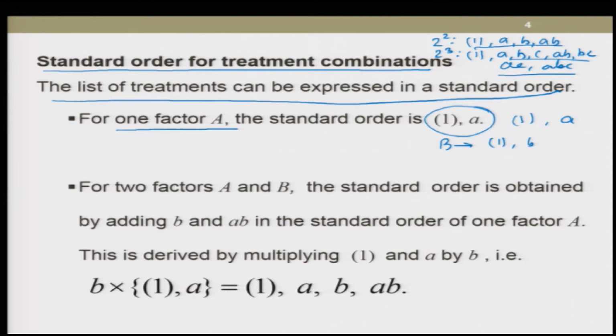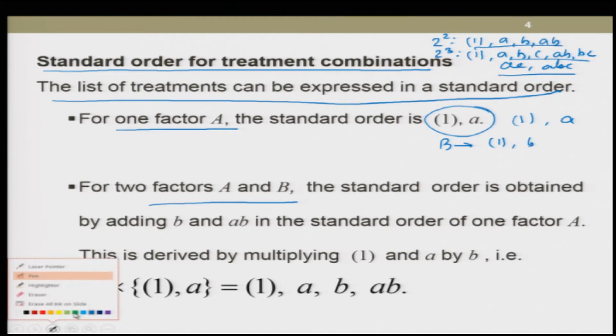Now, in case I take 2 factors, say A and B, the first question is how we are going to obtain the standard order. The rule is very simple. I am going to write in green color.